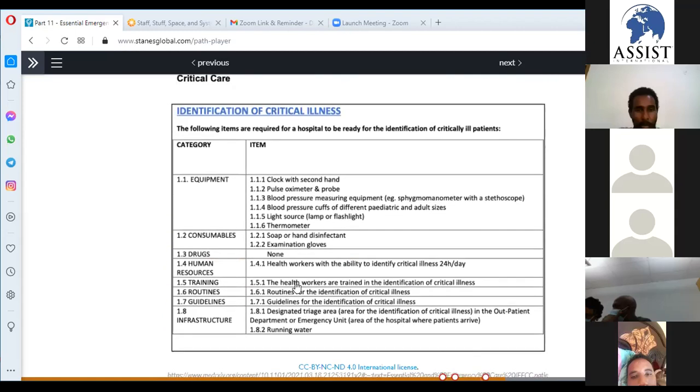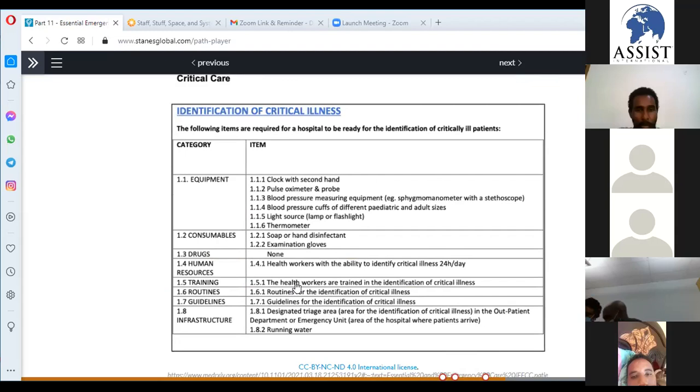From the equipment, at least you need to have what? A clock. We said acute care and critical care are time sensitive, so you need to monitor your time. Also, a pulse oximeter with a functioning probe is mandatory. Blood pressure monitoring equipment and a thermometer are important equipment.